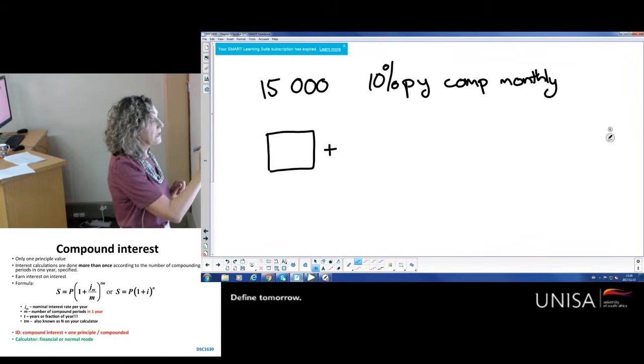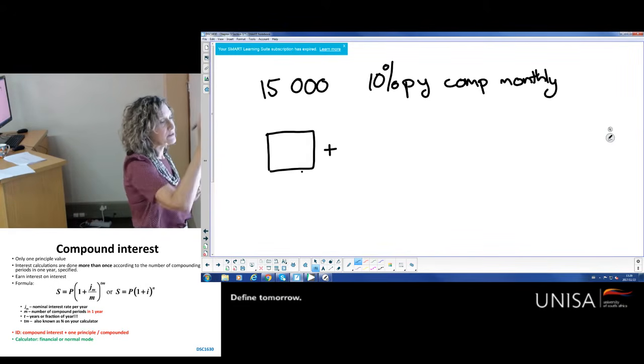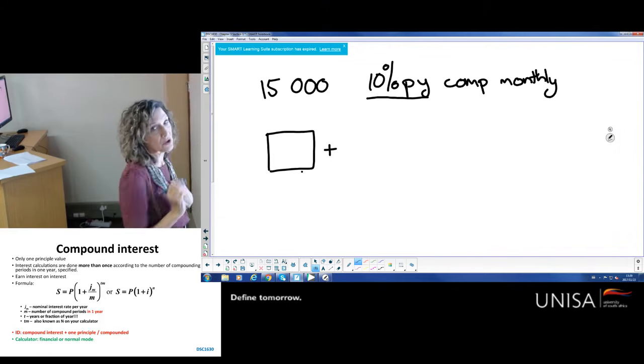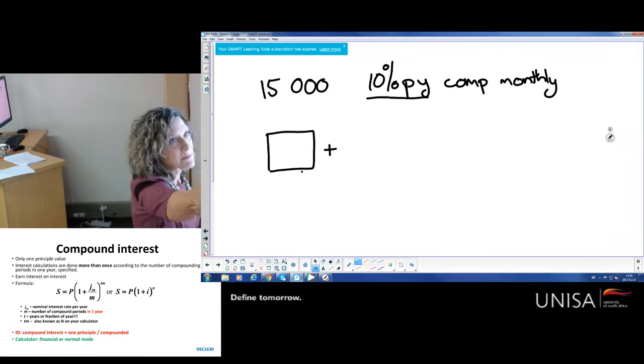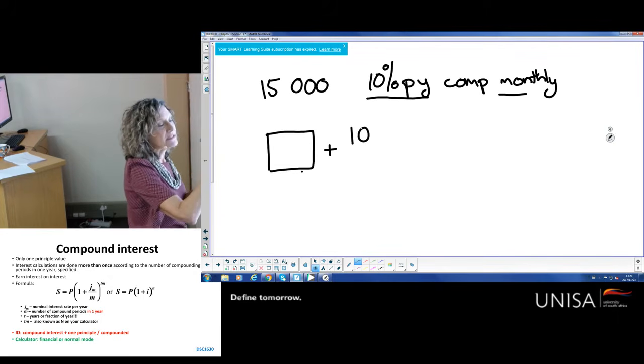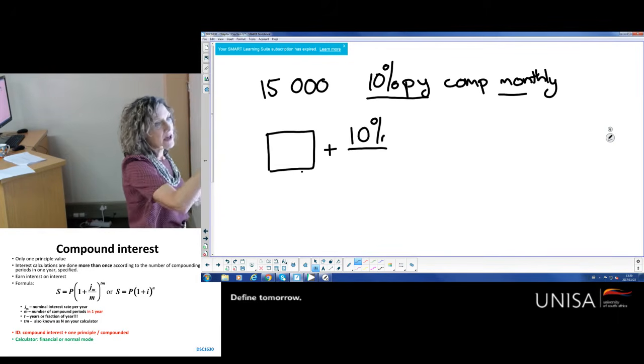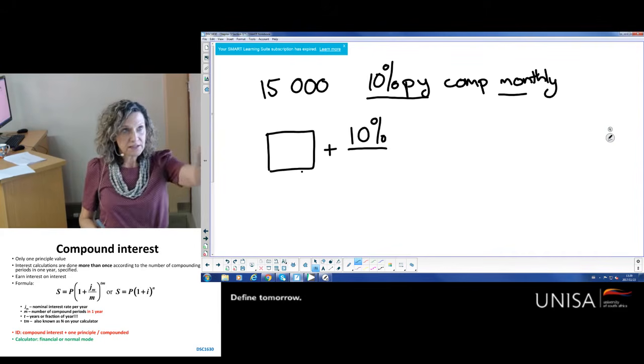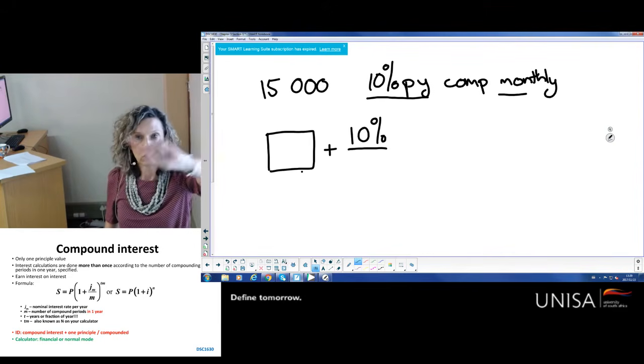But now you must be careful. What do we know? It's 10%, our interest is per year. So to make it monthly, we take our interest and divide by the number of times that compounding will be made in 1 year.